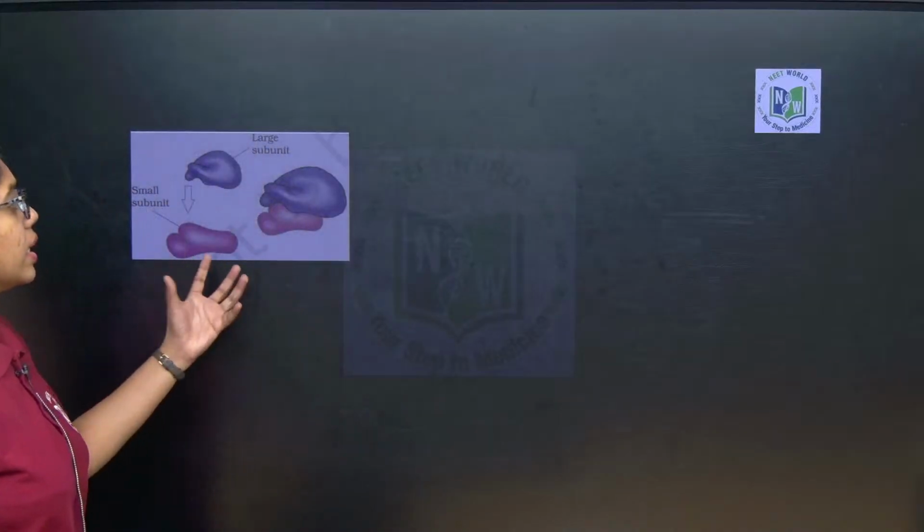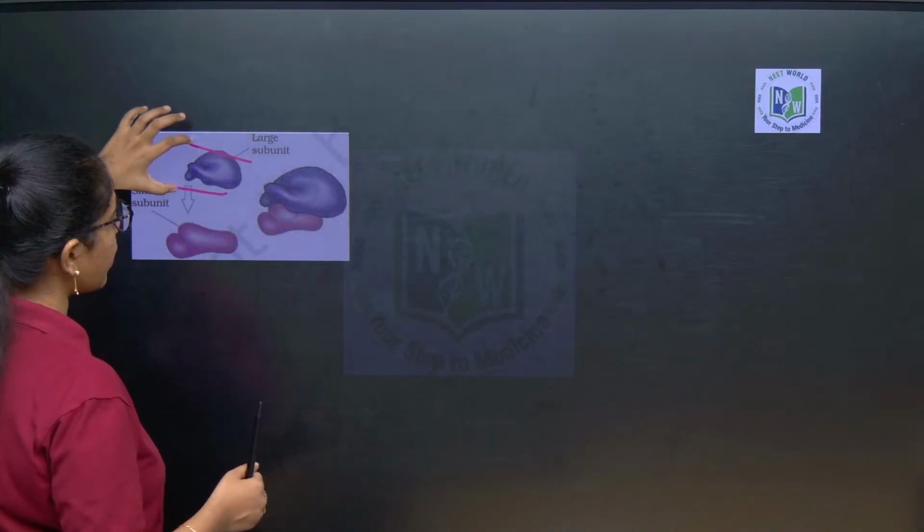And next, if you see these ribosomes, this is the larger subunit of the ribosome and this is the smaller subunit.